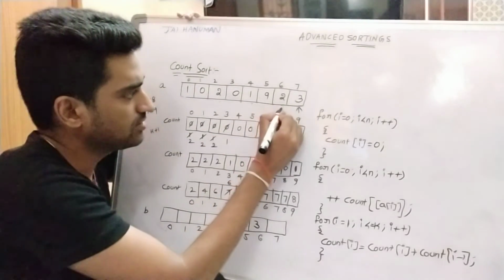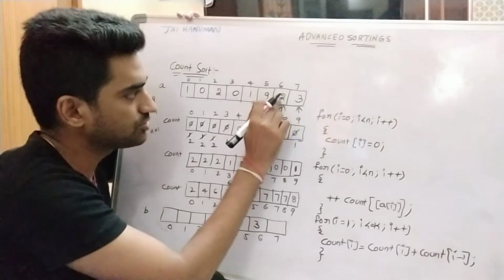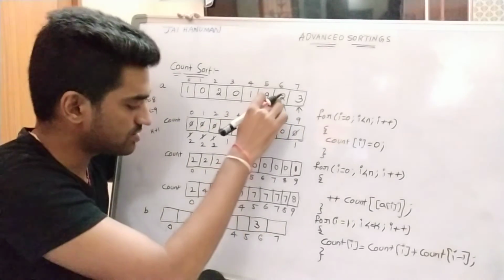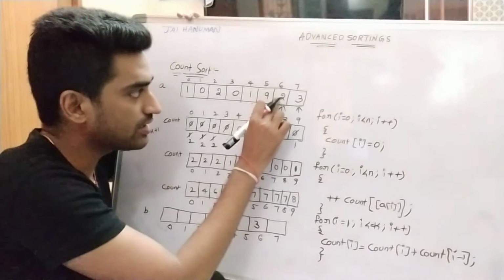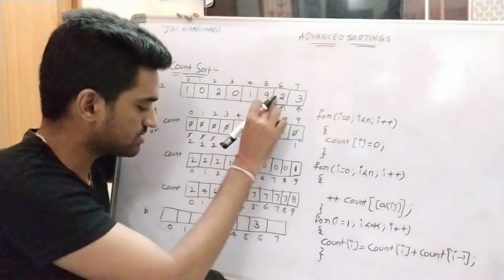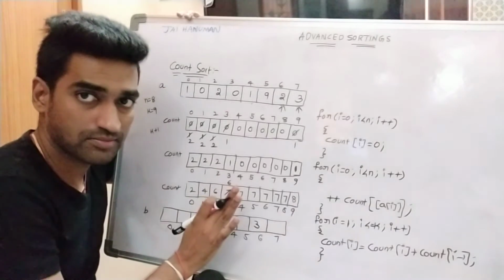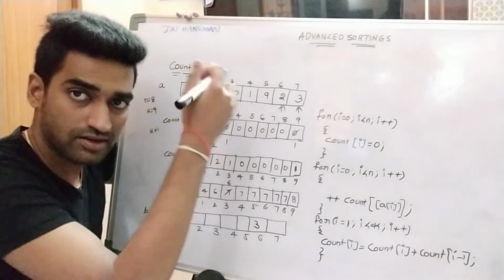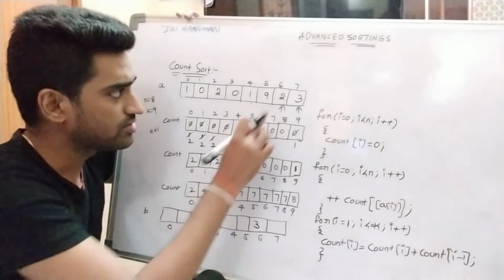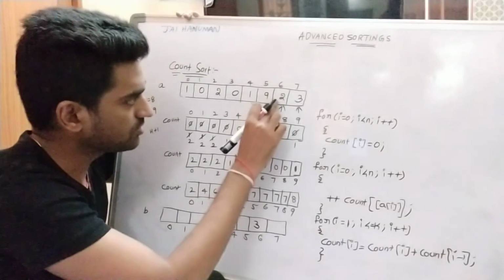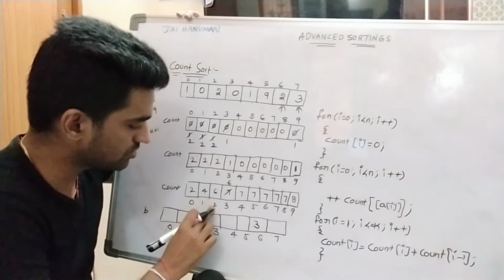So this is completed. Then go to the next one. 2. So go to the second index of the count array. The element is considered as the index of the count array. Remember that, from the first updation we are following the same procedure, right? So 2, go to index 2.